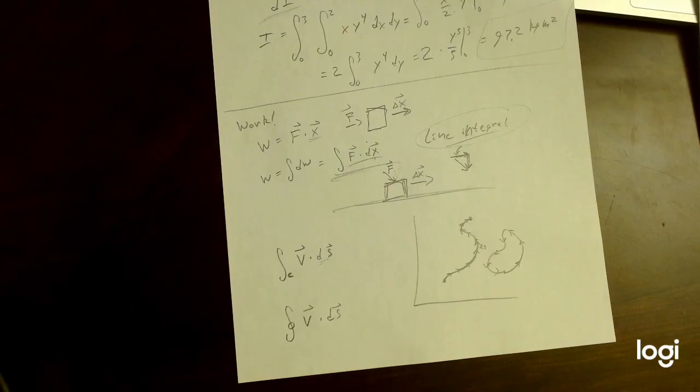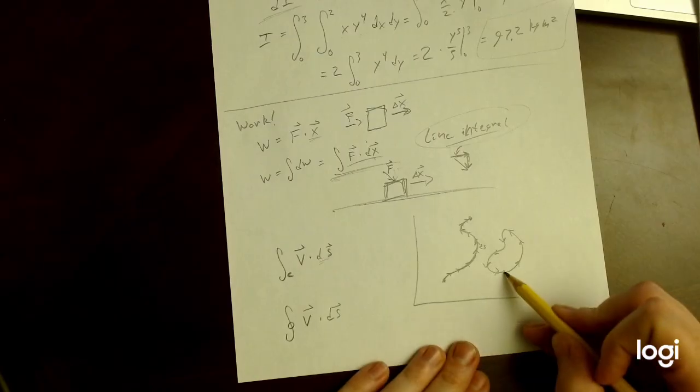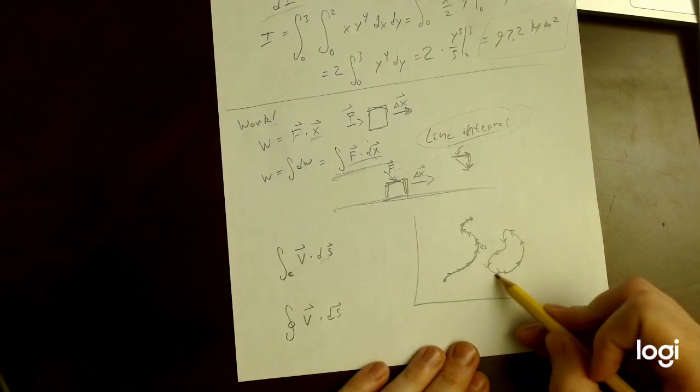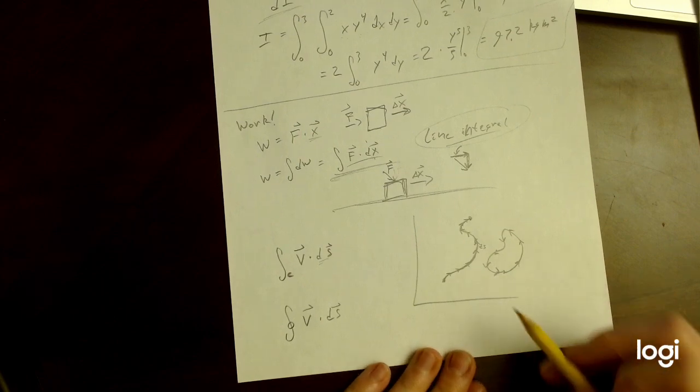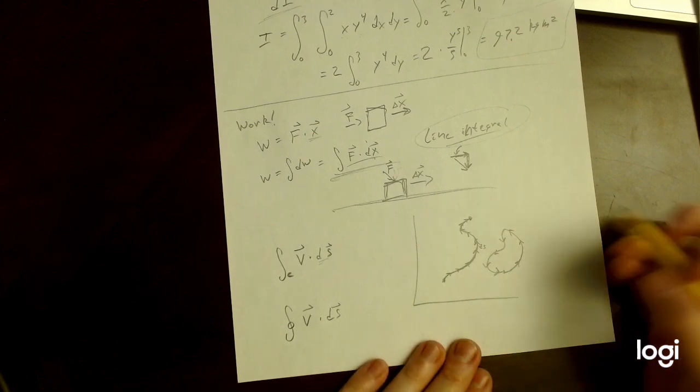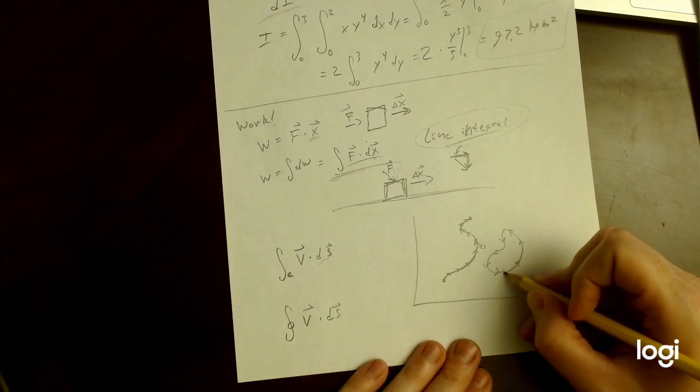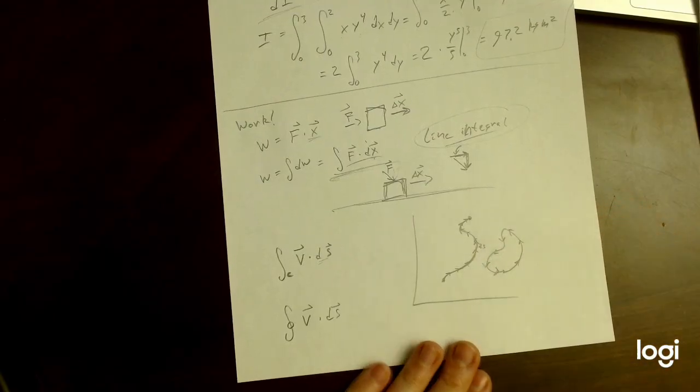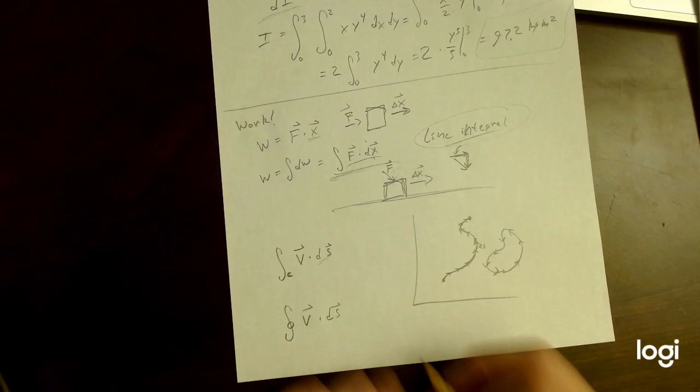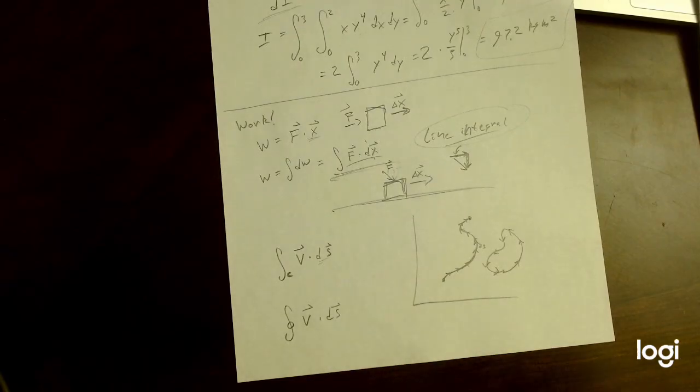And as we'll see later on when we talk about conservative forces like gravity, if you were to calculate the work done by a conservative force on a closed curve, it will end up being exactly equal to 0. But we'll talk more about that later.